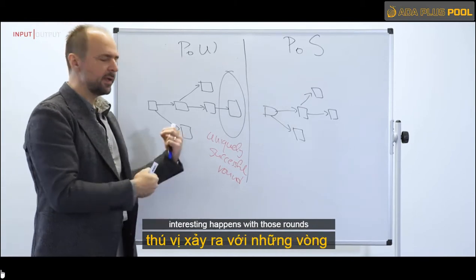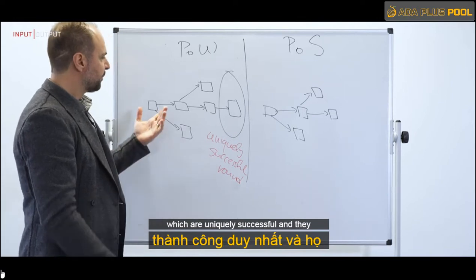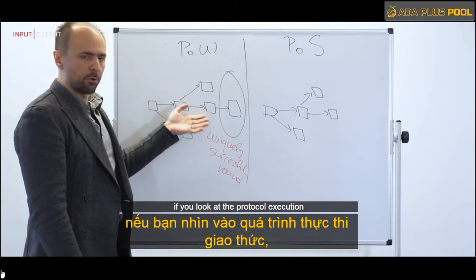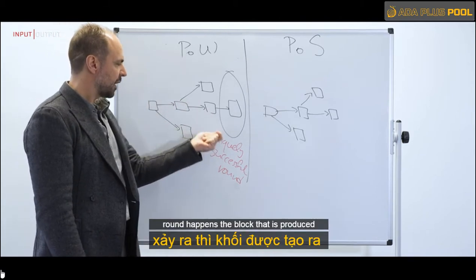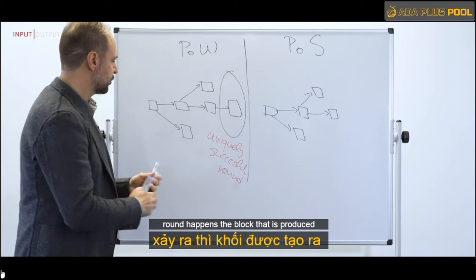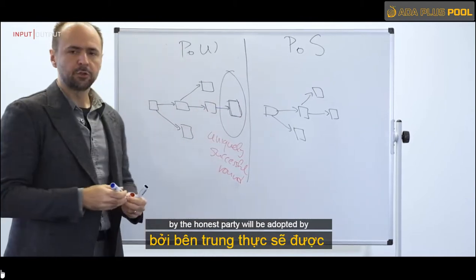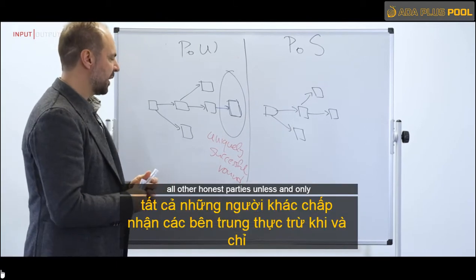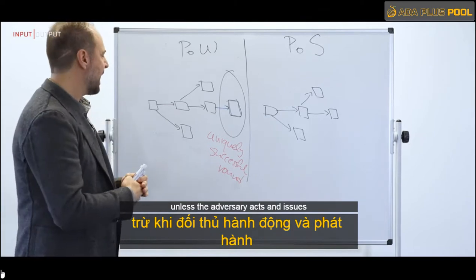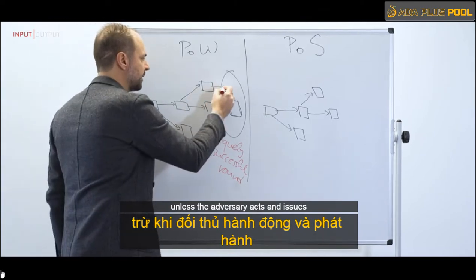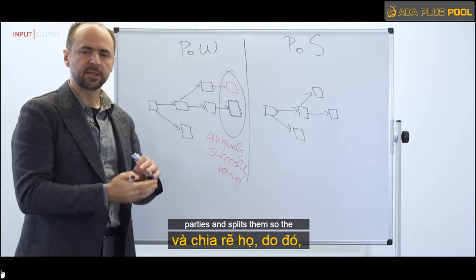Now something very interesting happens with those rounds which are uniquely successful. If you look at the protocol execution, if such a round happens, the block that is produced by the honest party will be adopted by all other honest parties unless, and only unless, the adversary acts and issues another block that confuses the honest parties and splits them.